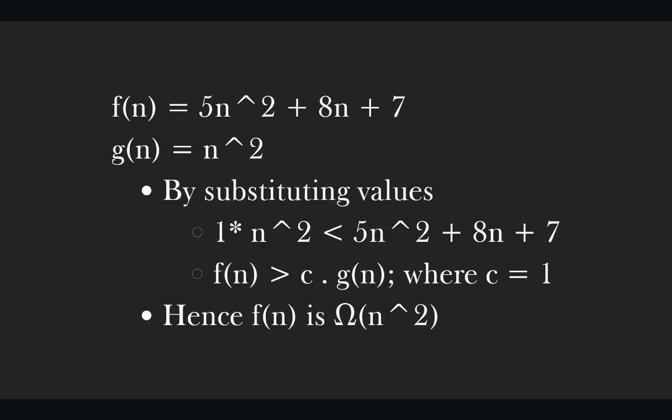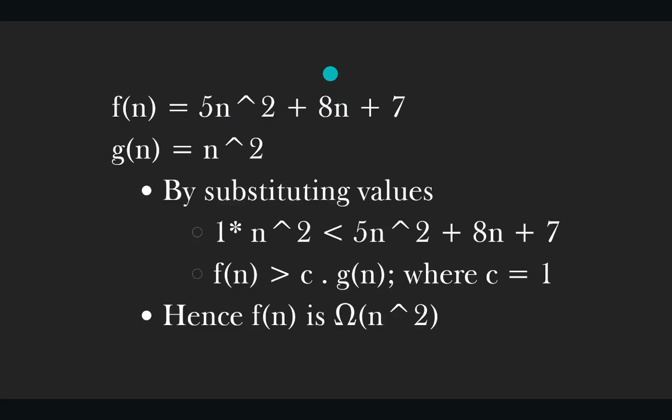What you do is, in the Fn, you identify the most dominant term, the term with the highest power. Over here it's n squared. So this is the most dominant term.